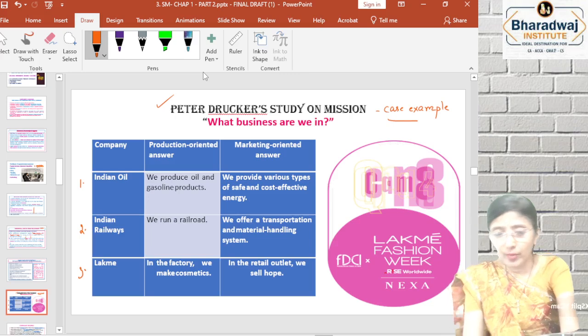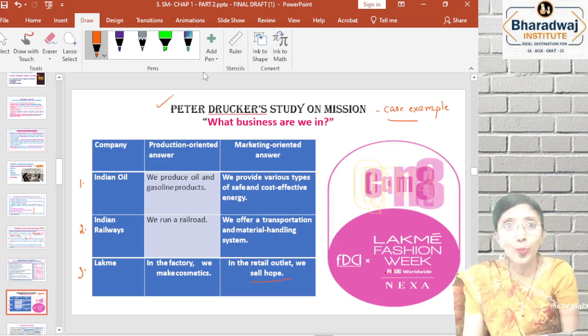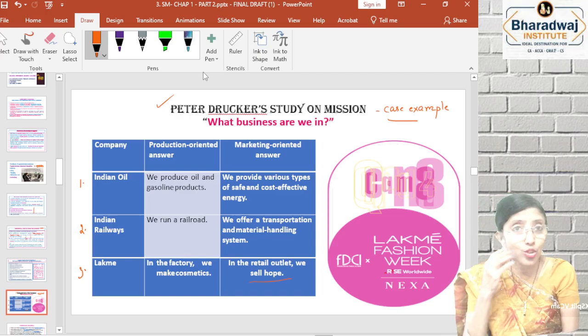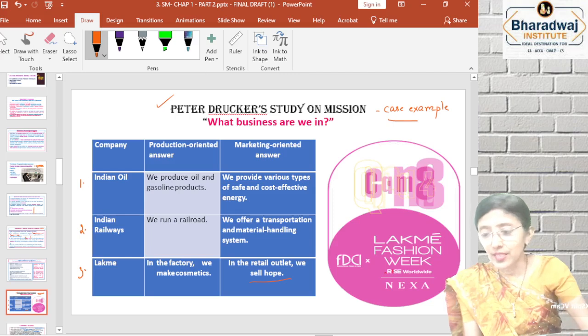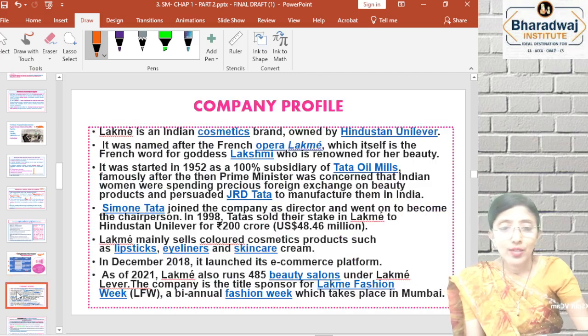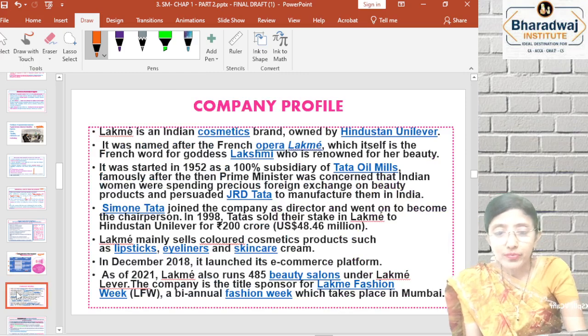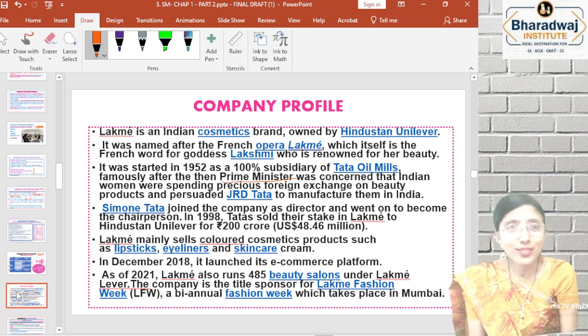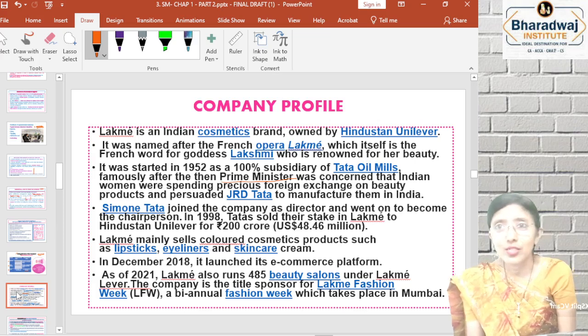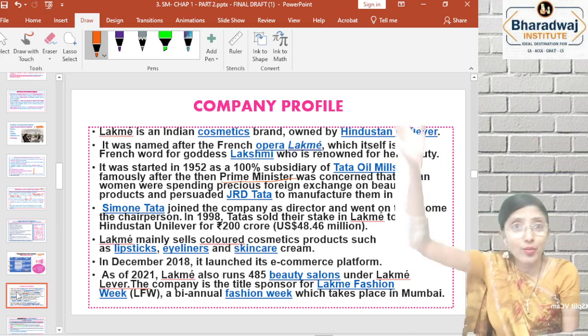See, look at Lakme, very interesting. We sell hope. I want to be fair, I want to be glowing. Isn't it? It's a very interesting case study about Lakme. It's there even in your book. See, look at that. Okay. See, you know that one of the prime ministers said that please start manufacturing of cream concerns in India itself, because Indian women would like to look fair and they are buying imported products from abroad.